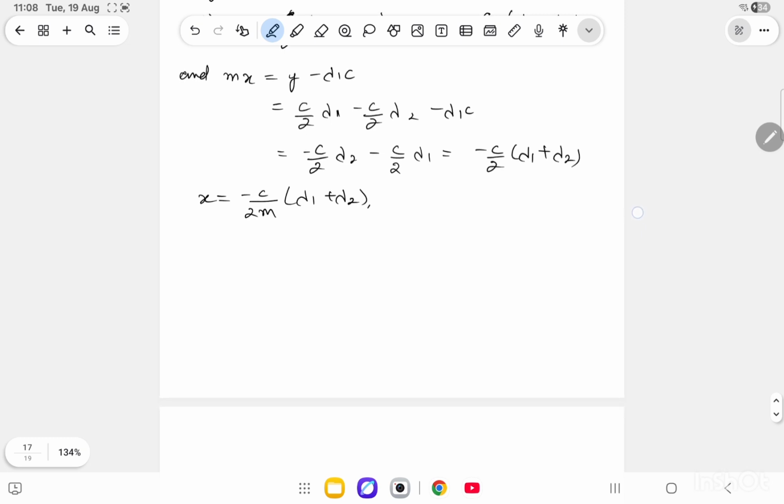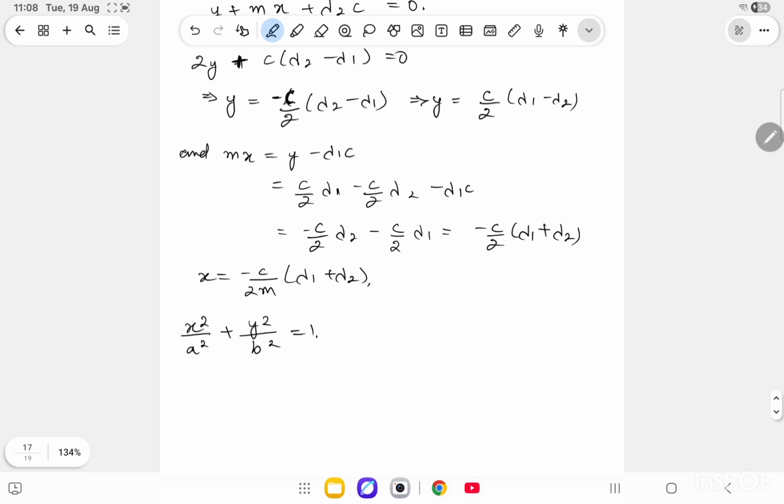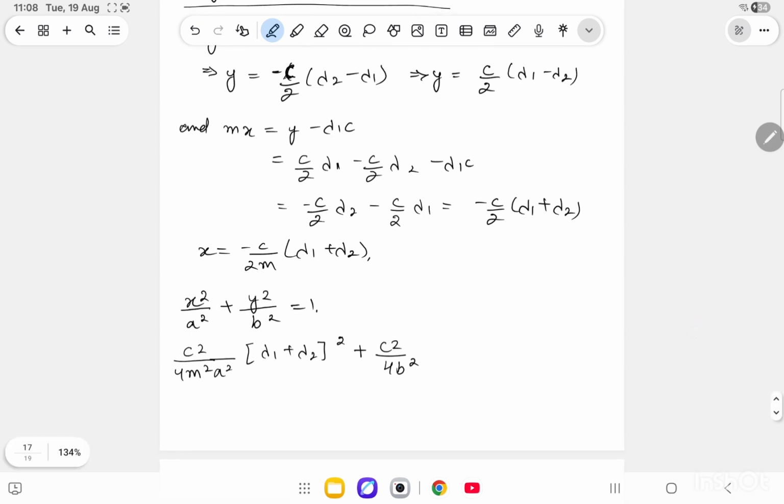Also, since the variable point lies on the ellipse, my x and y must satisfy the equation of the ellipse, which is x square by a square plus y square by b square equals 1. So substituting my values of x and y in this equation, I'll get c square by 4m square a square lambda 1 plus lambda 2 square plus c square by 4b square lambda 1 minus lambda 2 square equals 1.